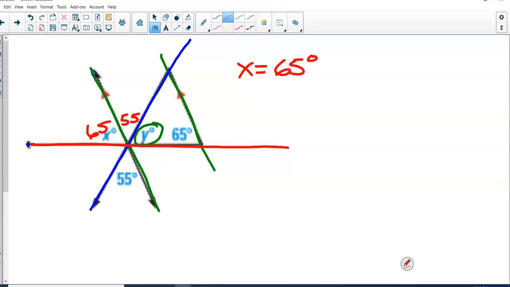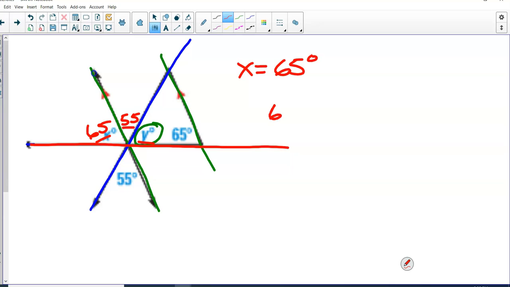And the 65 angle and the 55 angle and y all form along that red line. So they are all added together to be 180. So they're not a linear pair because there's 3 of them, but they're still supplementary all together. They all add up to 180.